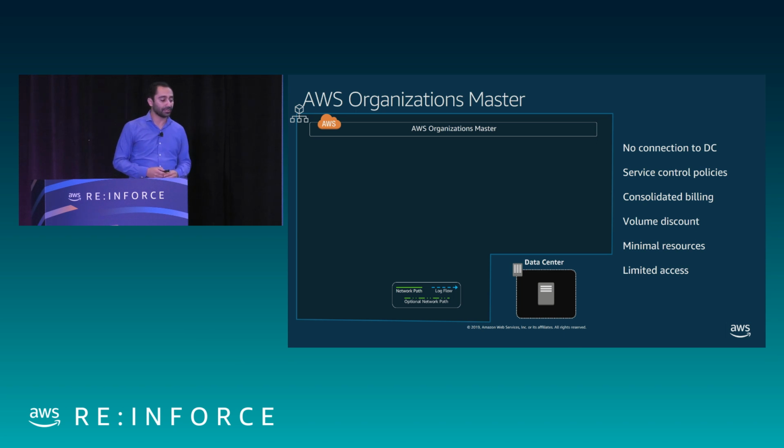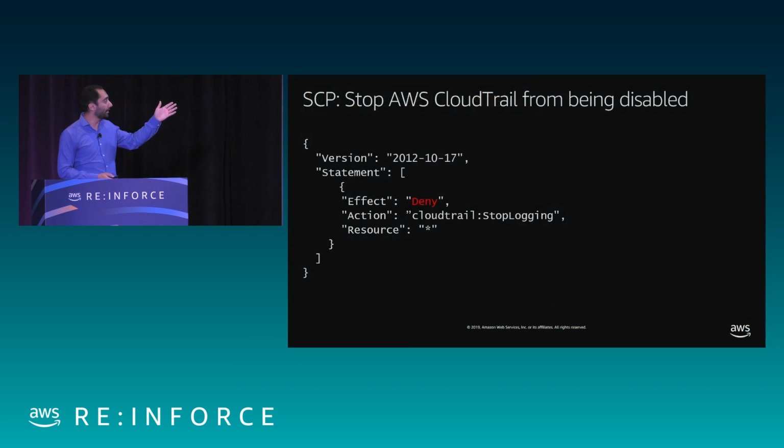You can deploy things like service control policies, which as of a few weeks ago, we've released the ability to do granular service control policies. But here's one that just stops somebody from being able to disable CloudTrail. So we've got a log of the API calls happening within the account, and I want to block somebody from being able to stop that.